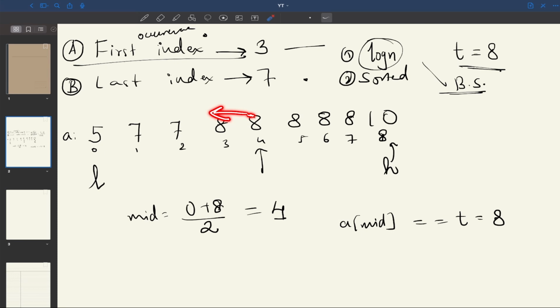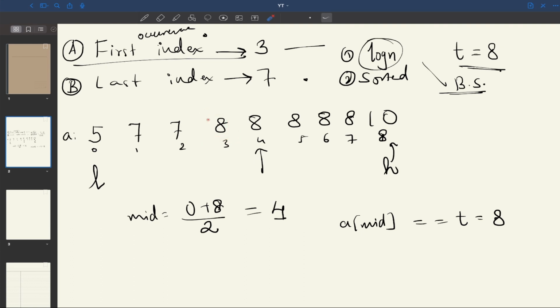Are you getting what I'm saying? We are trying to solve the part where we find the index at which the target value appears for the first time in the array. For target 8, the index is 3, because this 8 is coming for the first time at index number 3.